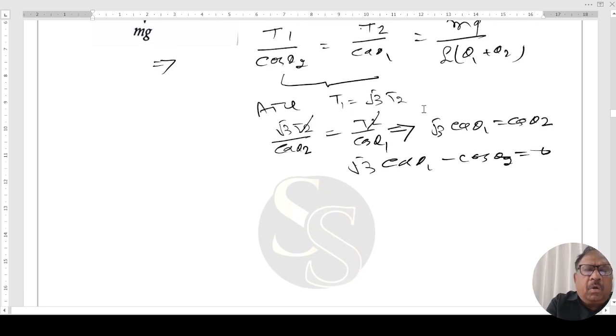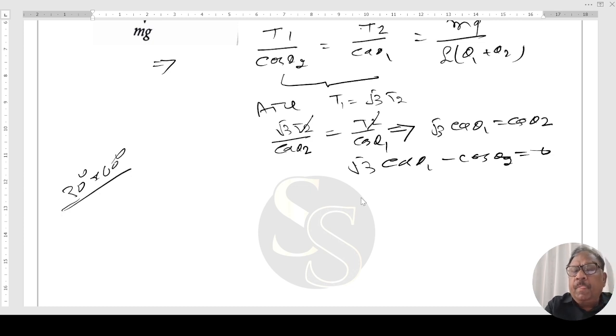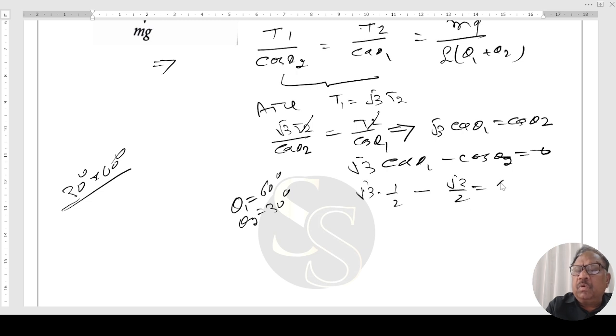Now, according to the question, 30 degree and 60 degree are the possible answers. So by common sense, theta 1 we can take 60 degree, theta 2 we can take 30 degrees. Root 3 by 2 into 1 by 2 minus root 3 by 2.